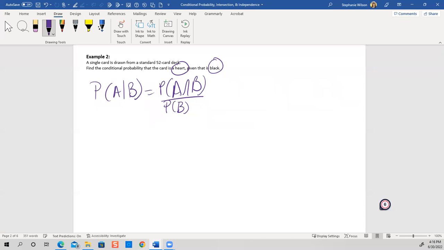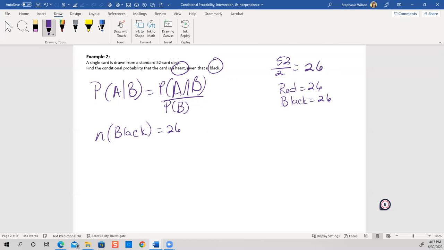Whenever we talk about a deck of cards, there are 2 colors, red and black, and there are 52 cards in a deck. If I divide 52 by 2, I know that 26 cards are red and 26 cards are black. So the number of elements that are black in that deck is 26.